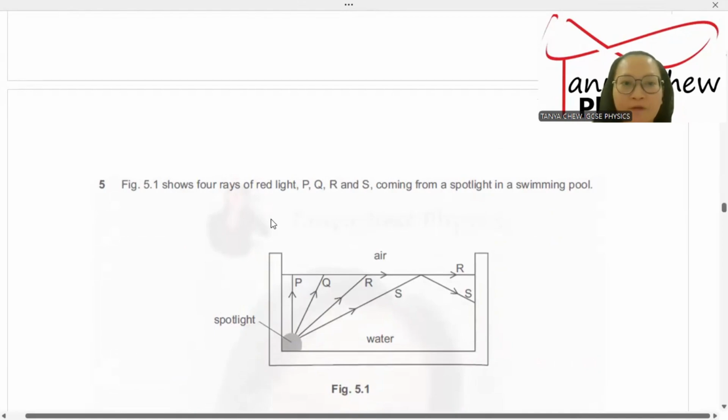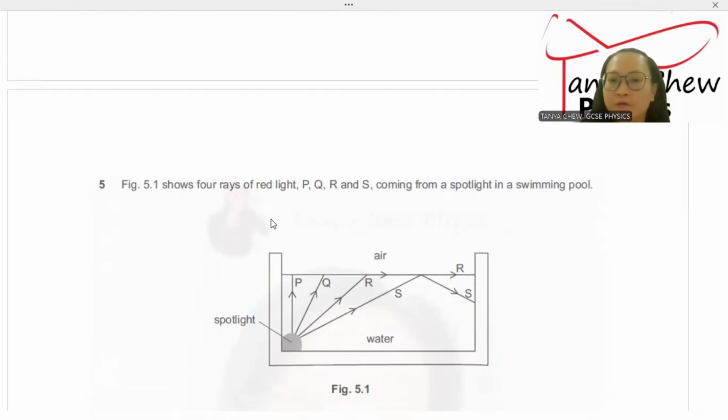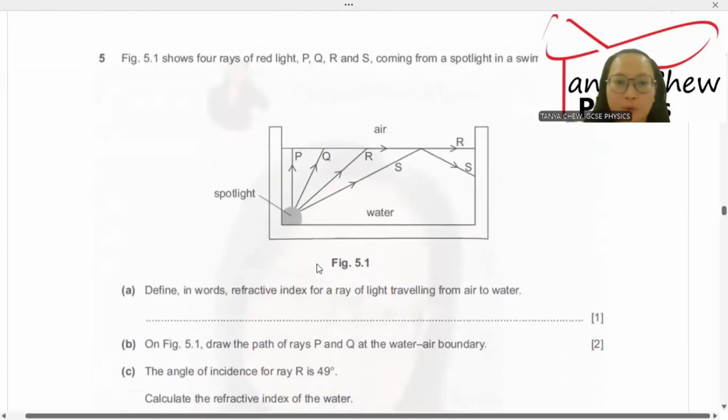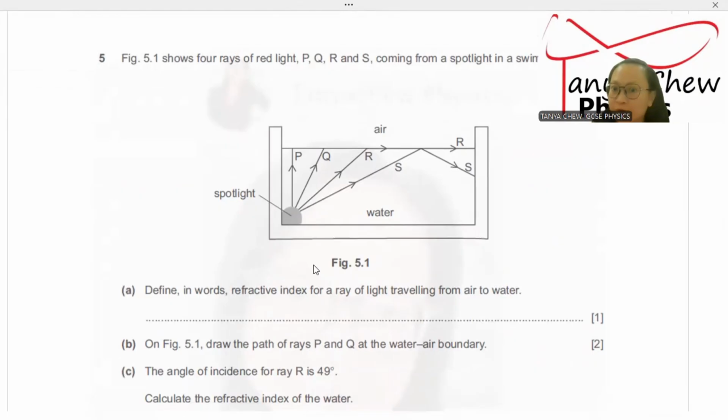Now, question number 5. Fig 5.1 shows 4 rays of red light, P, Q, R, and S, coming from a spotlight in a swimming pool. A, define in words refractive index for a ray of light traveling from air to water.